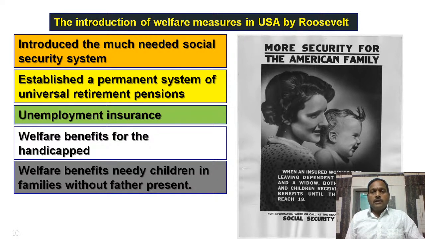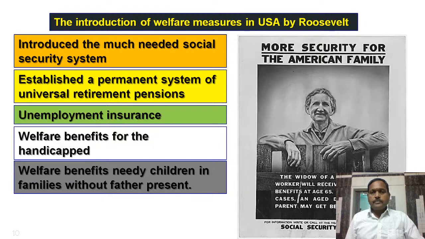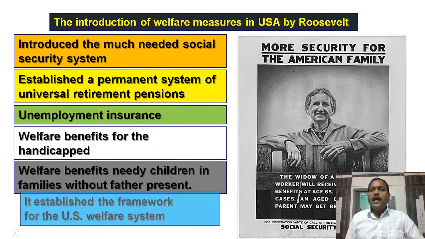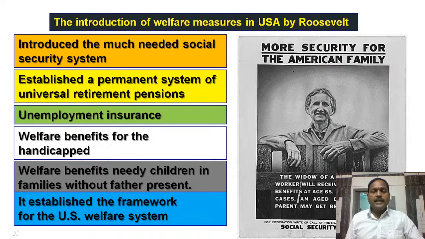So those single mothers with children get assistance from the government till the children reach 18 years. So this is also a great welfare measure started by F.D. Roosevelt in the USA. Here you can see a widow of old age. She also gets a pension, a widow pension. It is also a welfare measure started in the USA.